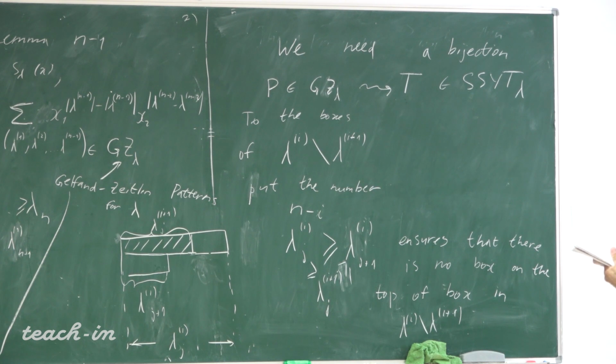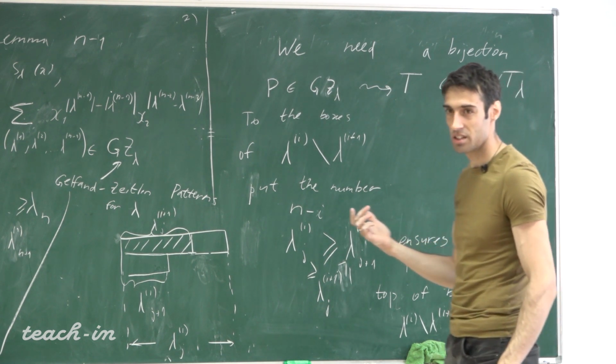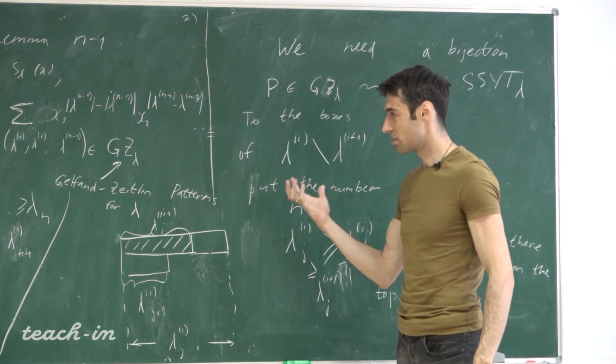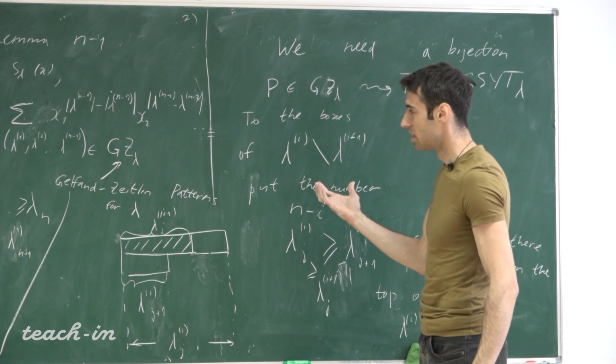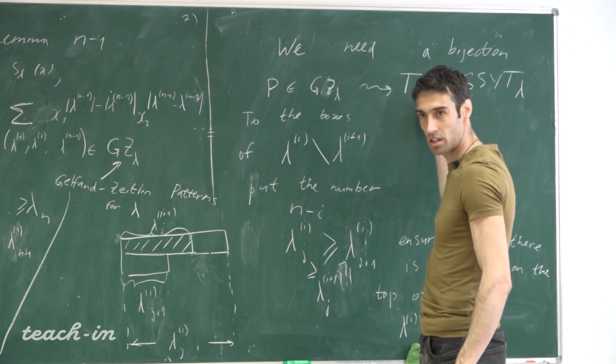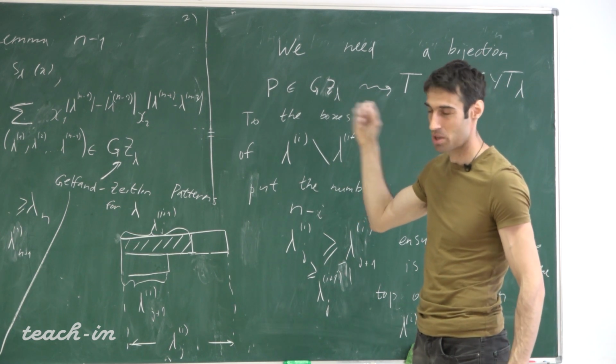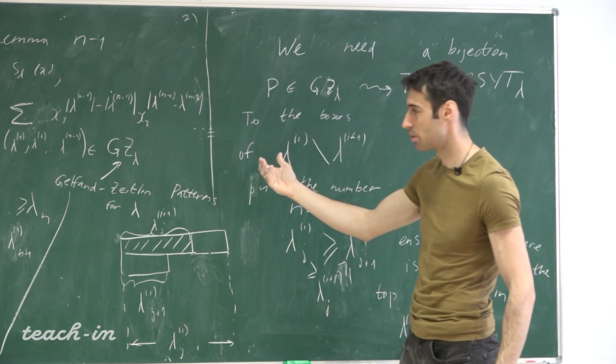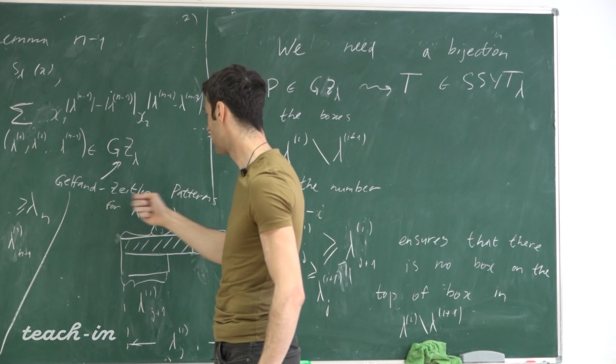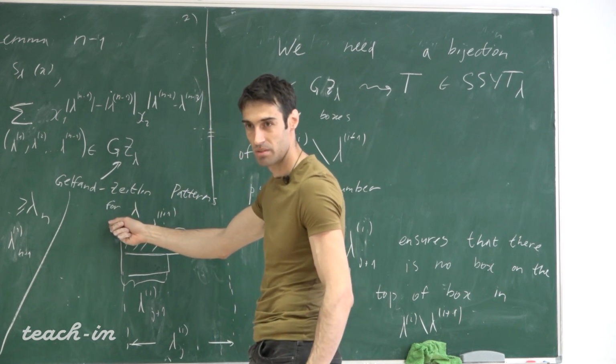This is all very important because now the representations of GLN are combinatorially labeled by semistandard Young tableaux, if we finish proving it. But since we have a bijection, they are labeled by Gelfand-Zeitlin patterns.